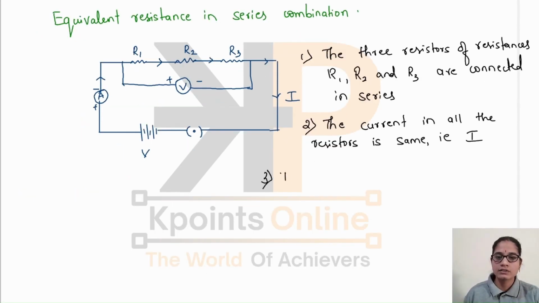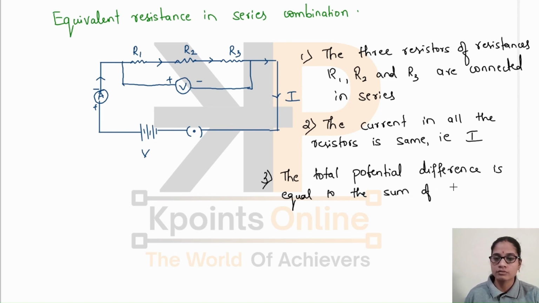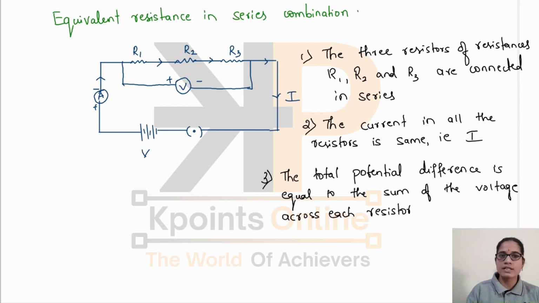That is, the total potential difference is equal to the sum of the voltages across each resistor. What does this mean? It means V is equal to V1 plus V2 plus V3.